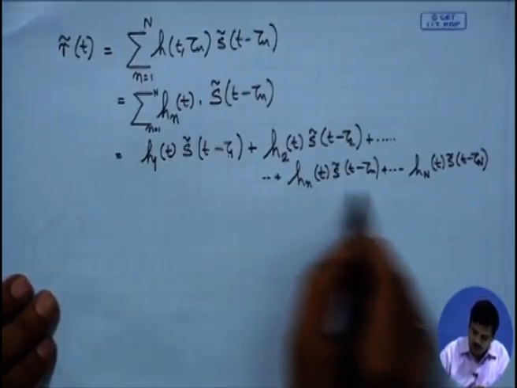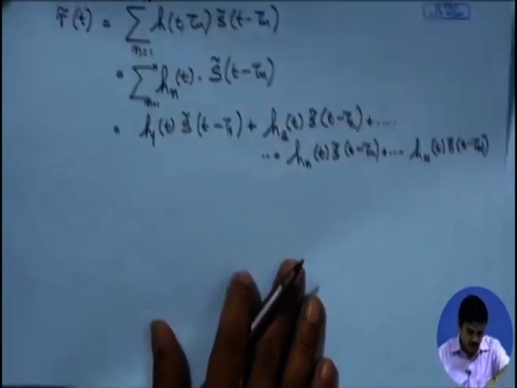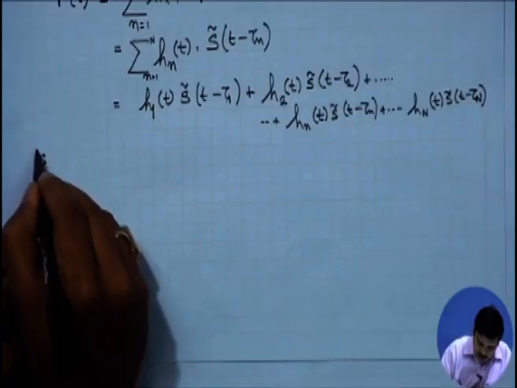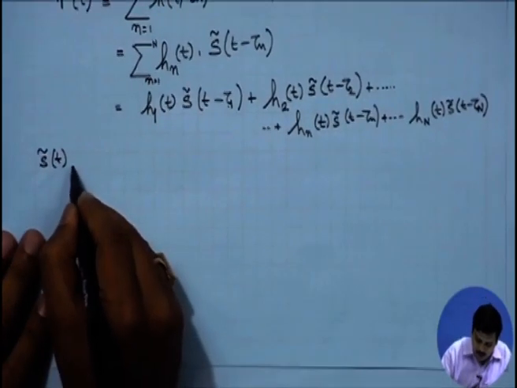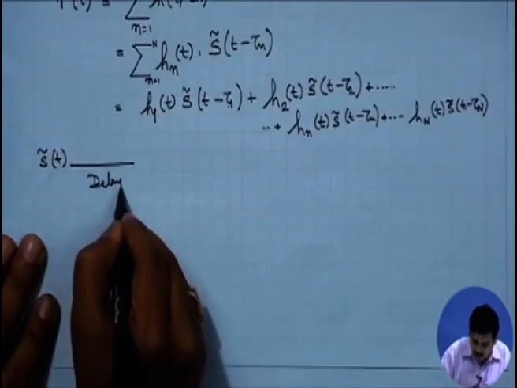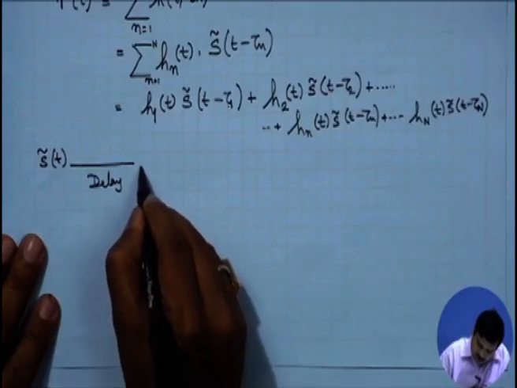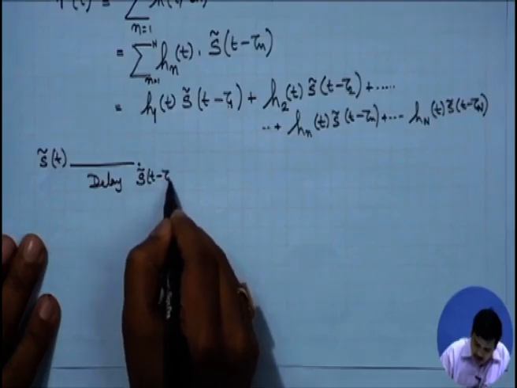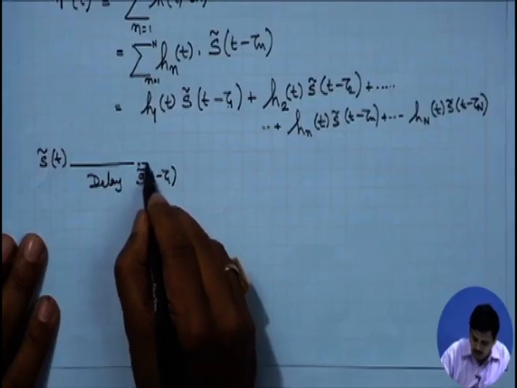If we see this expression, we could pictorially write it as the signal s tilde of t getting transmitted. There is some propagation delay, after which we have s tilde(t minus tau 1). Let us say the delay is tau 1.